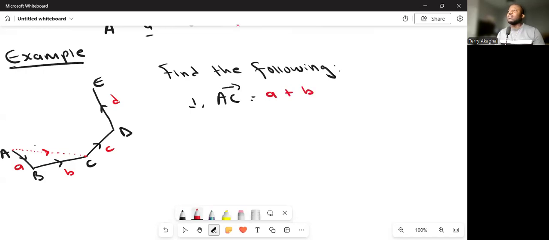Is that making sense? Now, if, for instance, you were told to look for, let's say we're looking for AD. Okay. AD, the same thing. We're looking for AD.